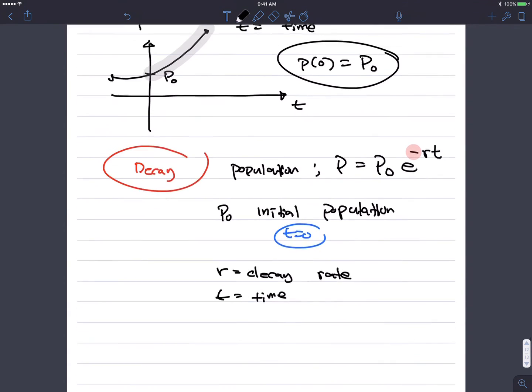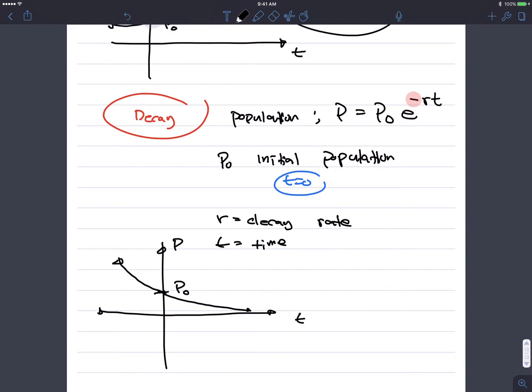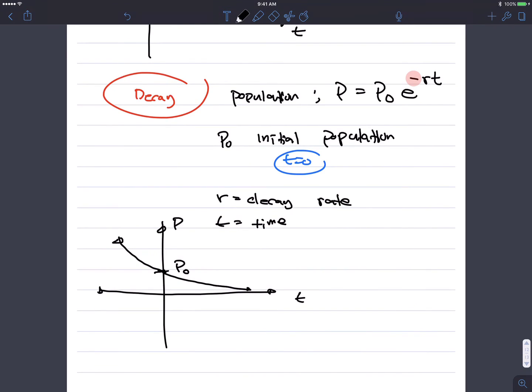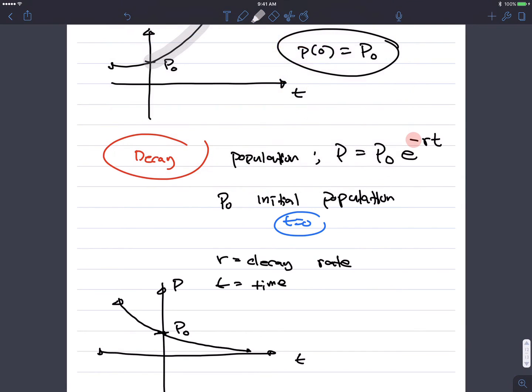So what the graph would look like here for a decay model, T and P. Of course, decay goes the other way. Here's a P naught. And I want to really be exact. The portion of the curve that's really described for decay, just like for growth, starts right here.